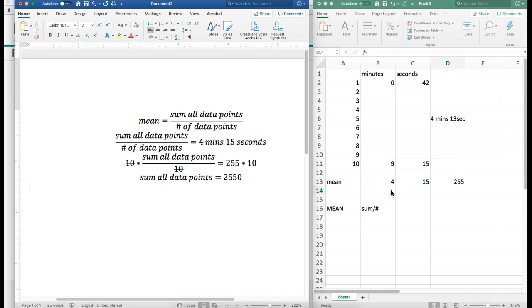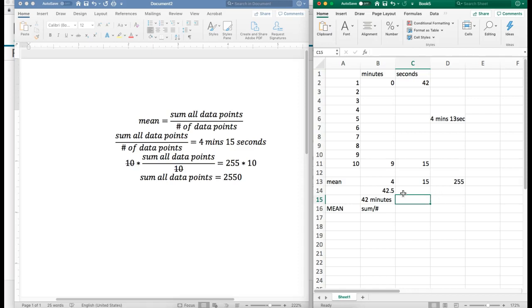It wants the answer in minutes and seconds, so we're going to go backwards now. We'll take 2,550 and divide by 60 seconds. That gives us 42.5. We're going to take the whole number, so I have 42 minutes. Then we're going to find what's left over.